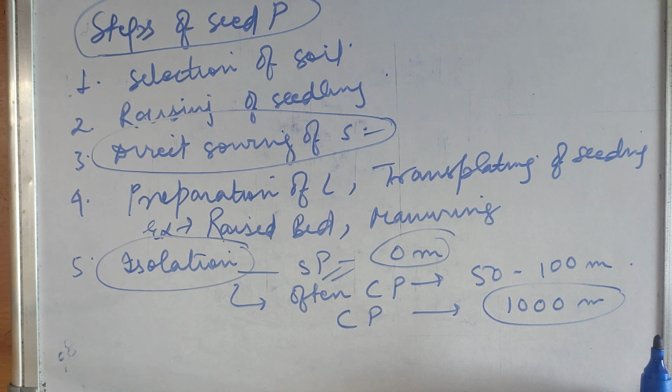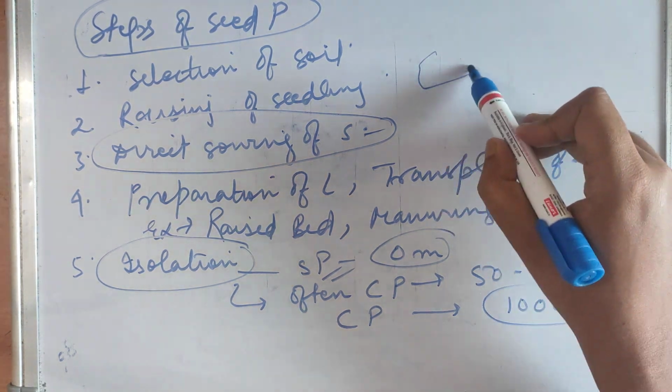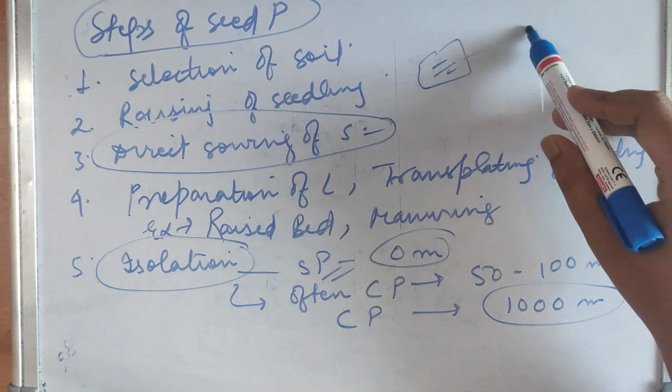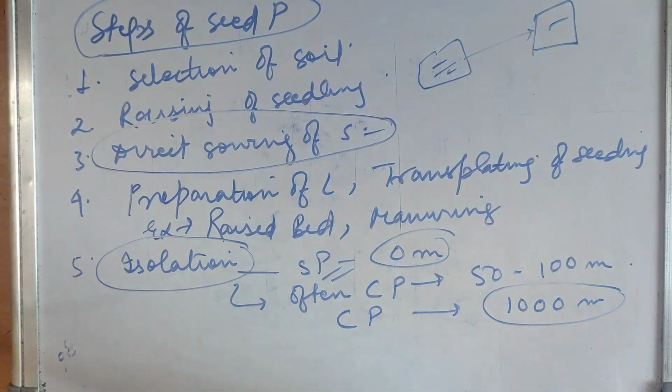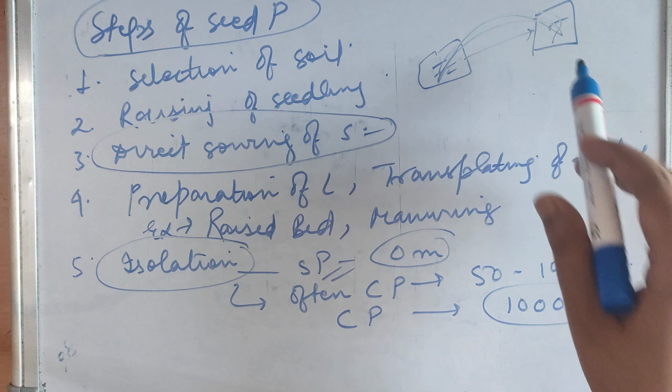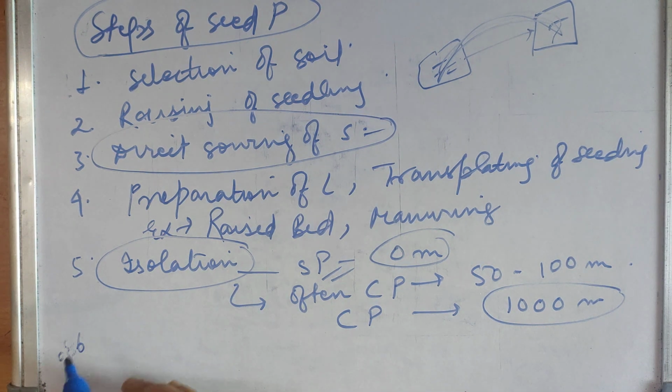Suppose we are growing wheat here, so the isolation distance from another crop should be at least 1 kilometer, so that it doesn't mix with it.